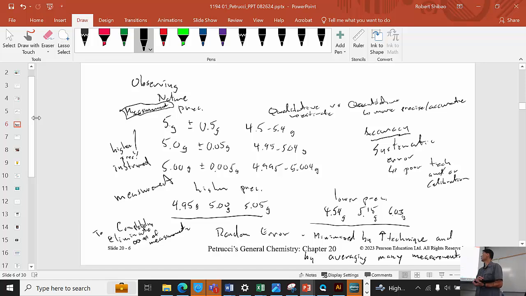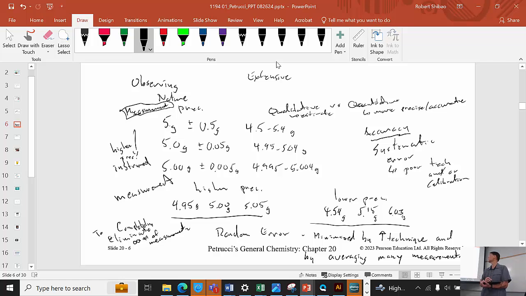Certain things that we measure could be extensive or intensive properties. And there's a difference in how we measure those types of things, extensive versus intensive properties. We usually measure properties. Properties could be like color, weight, volume.